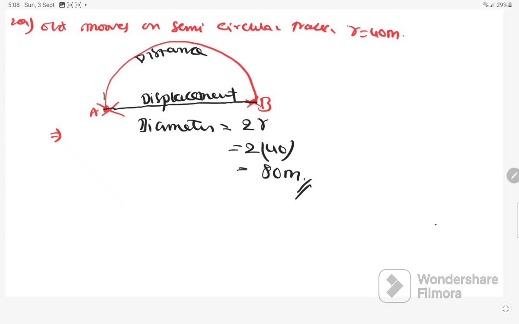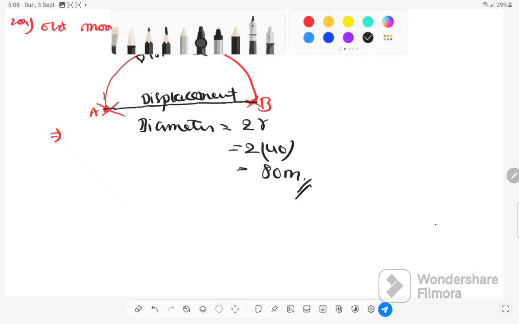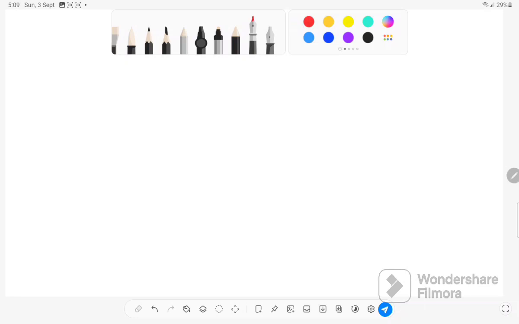Next, some more questions here. All of you listen carefully. See, the third question is, an athlete is running on a circular path of radius 50 meter. So, there is one circular path.